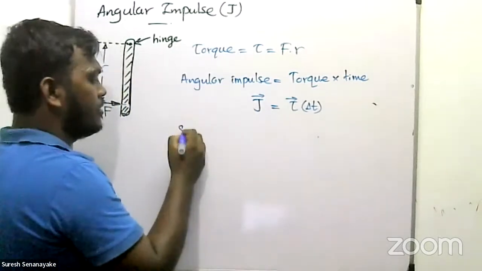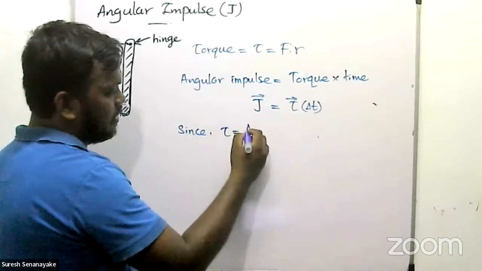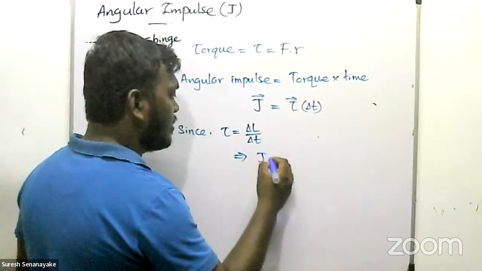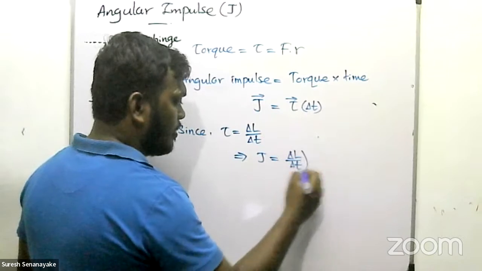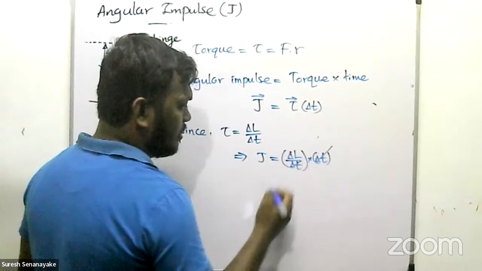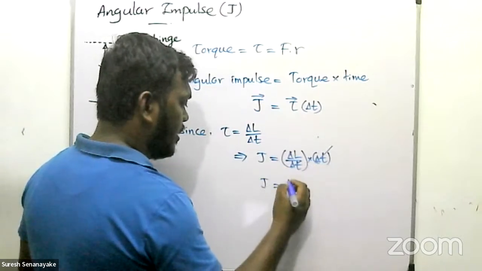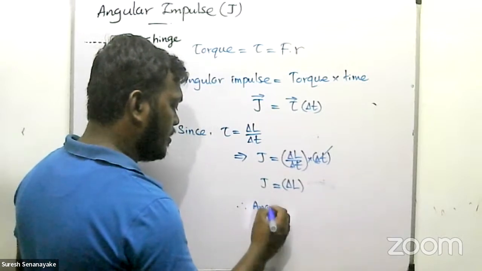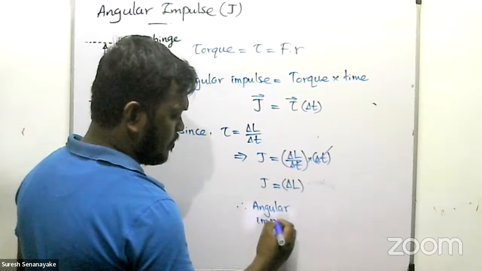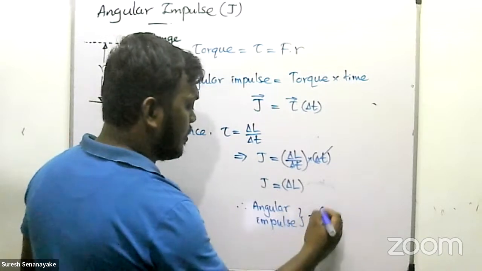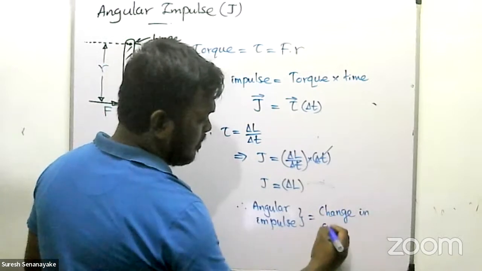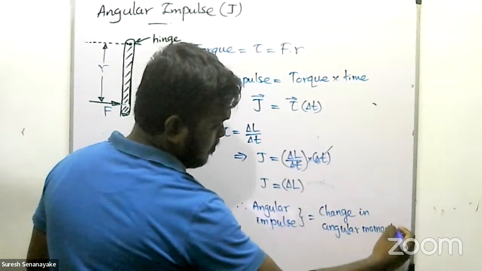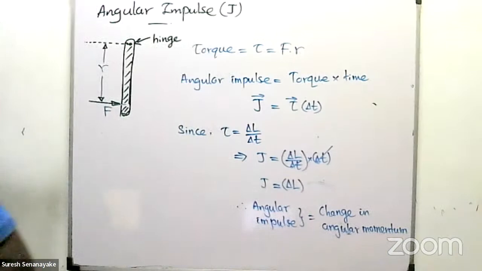As we know, tau equals delta L over delta t, the rate of change of angular momentum. So the angular impulse J equals delta L over delta t times delta t. Then the delta t cancels, and the angular impulse equals the change in angular momentum.